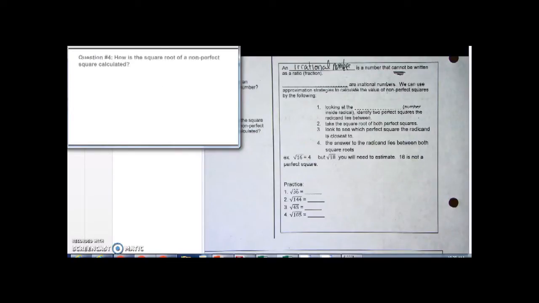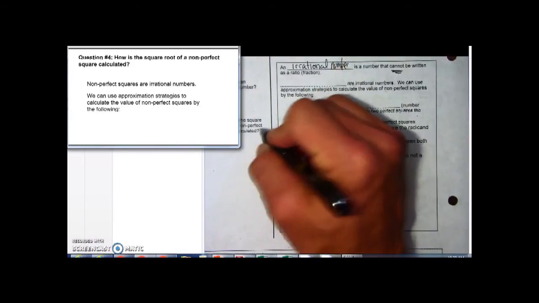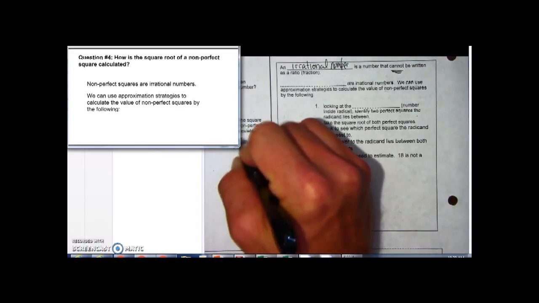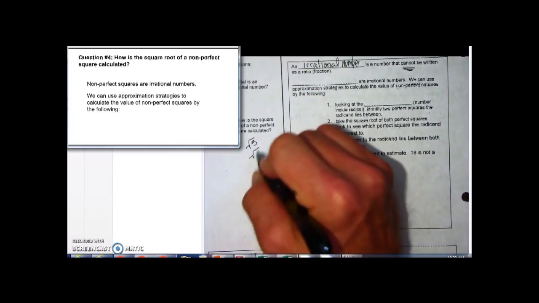Okay, so question number 4, how is a square root of a non-perfect square calculated? So non-perfect squares are those that we gave examples of earlier, like the square root of 5 or the square root of 6.